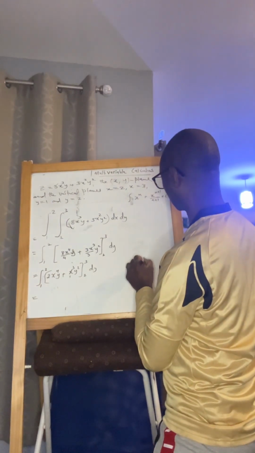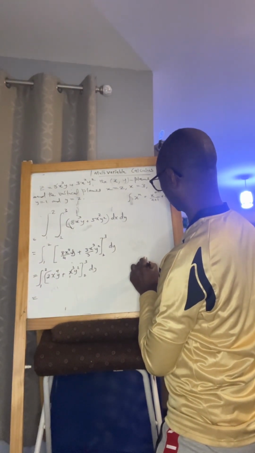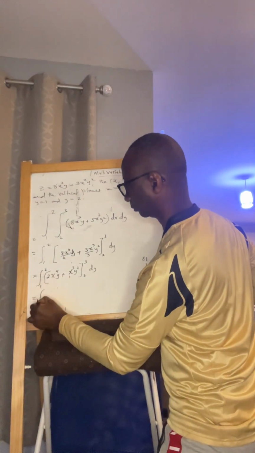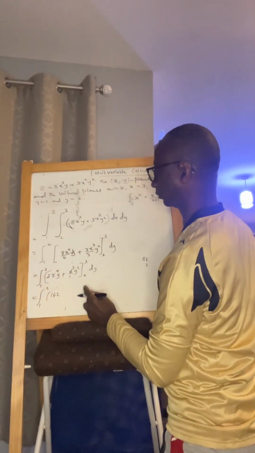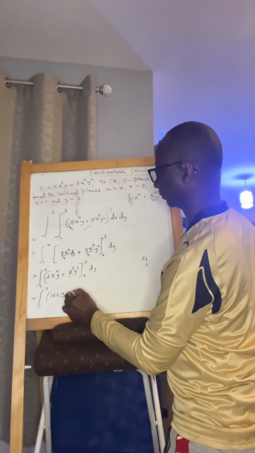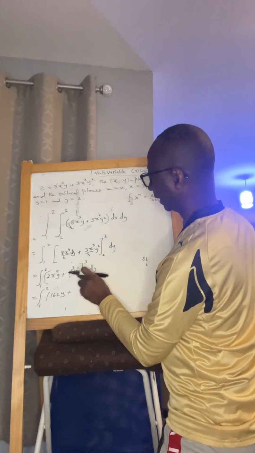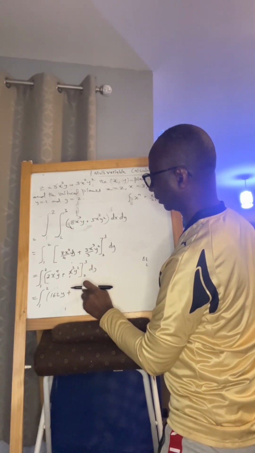So 81 times 2, 162y plus 3 raised to the power of 3. 3 times 3, 9, 9 times 3, 27.